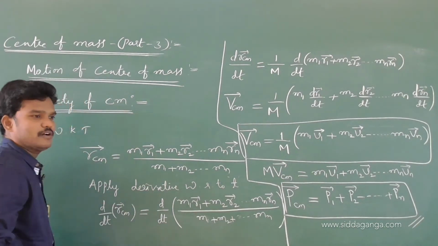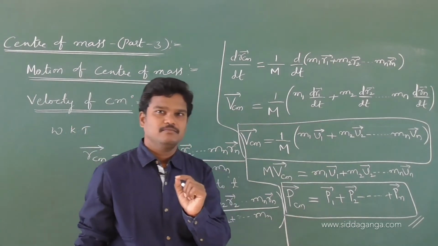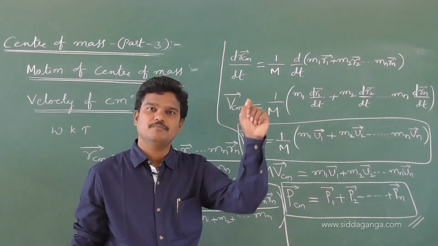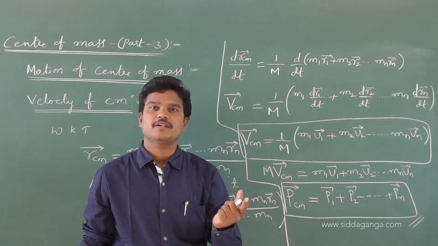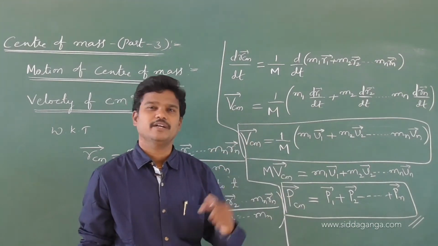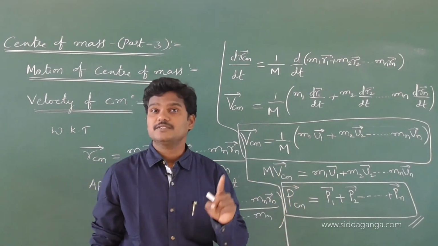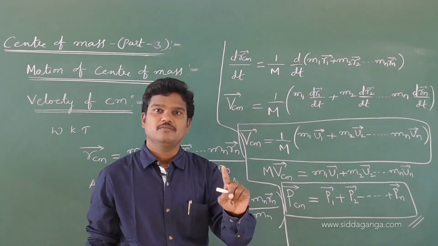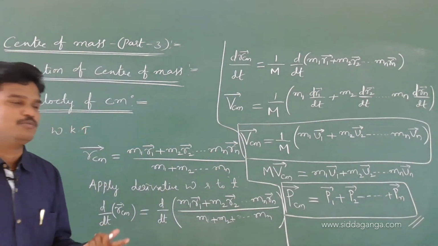Because in a rigid body there are a number of particles, each particle has momentum. P1 is the momentum of one particle of mass m1, P2 is the momentum of another particle of mass m2, and so on, and Pcm is the momentum of the center of mass of that rigid body.